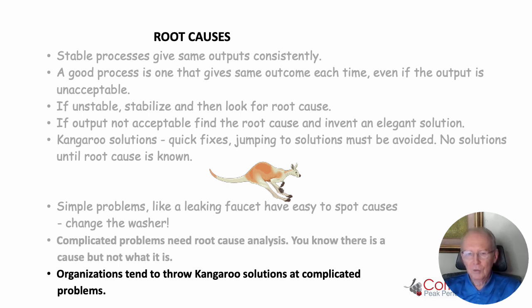So kangaroo solutions are sort of adding to a process, almost like limpets that get onto the bottom of a boat. And eventually you have a huge amount of these shelled limpets and so on hanging onto the boat, slowing down its progress through the sea. So there tends to be businesses still using kangaroo solutions to throw at complicated problems.